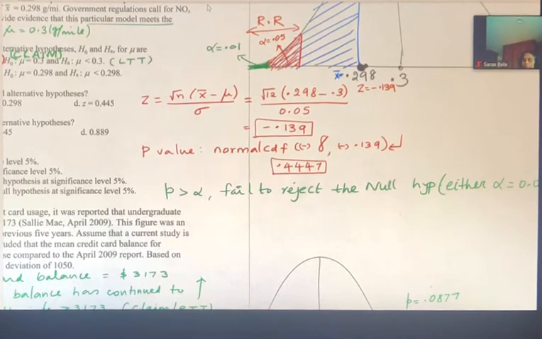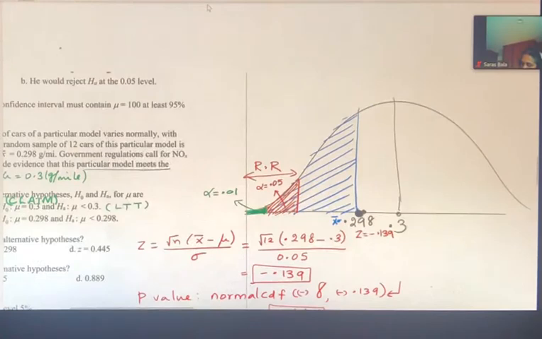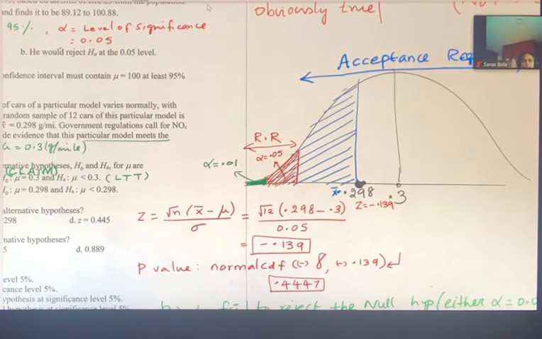If this is going to be my rejection zone, this is going to be my acceptance zone all the way down. So this is my acceptance region. Since my probability is falling in the acceptance region, not in the rejection region, I'm going to be accepting my null hypothesis.